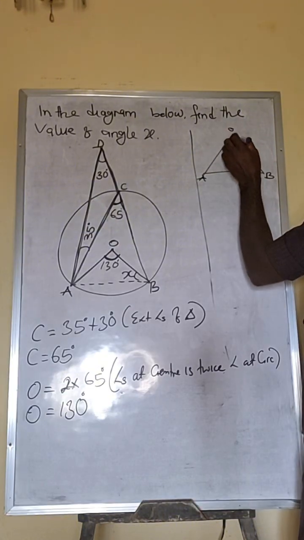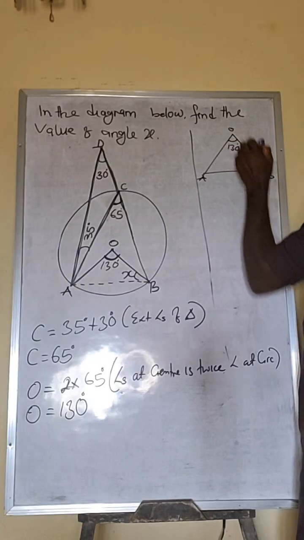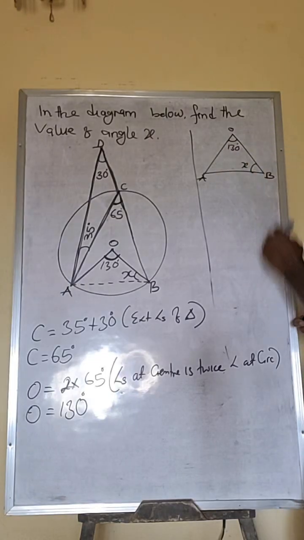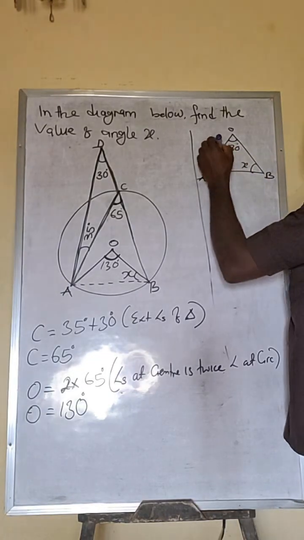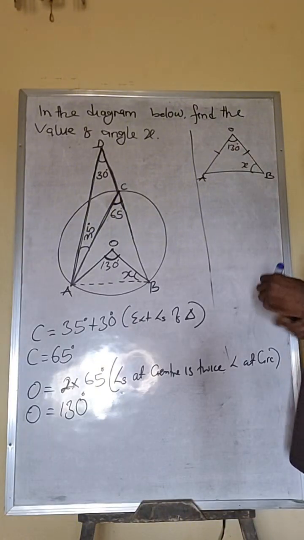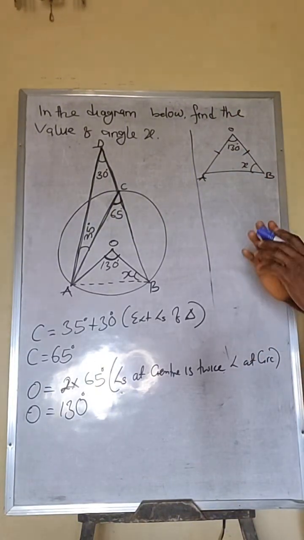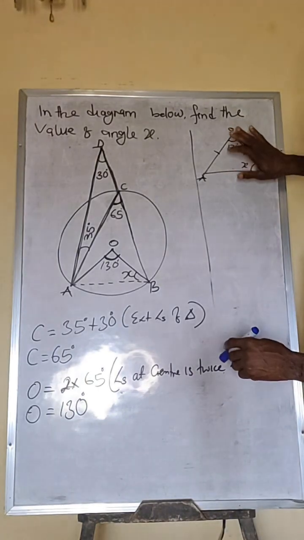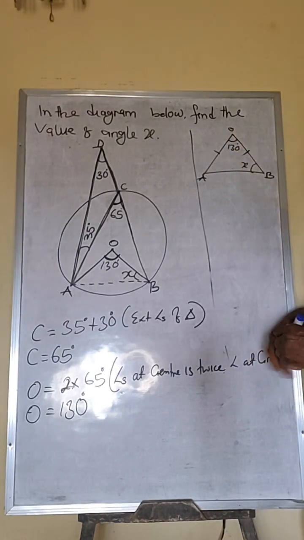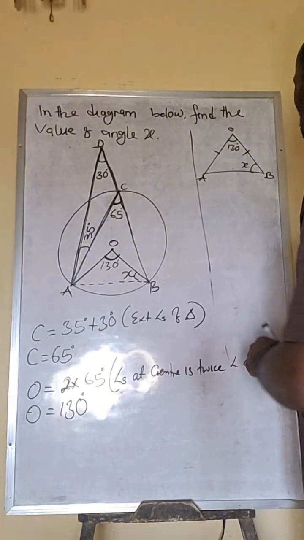Now we know this angle here to be 130. Now we are asked to find the value of X. But remember, OA is a radius and OB is also a radius, meaning that these two lines are equal. Therefore, this triangle is an isosceles triangle.